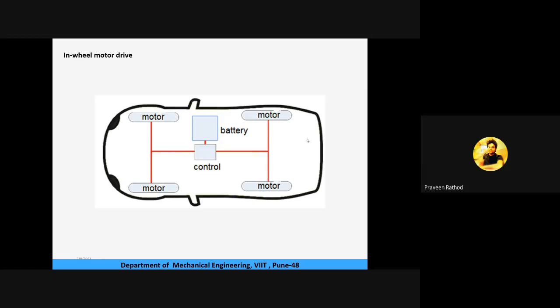Okay, it is easier to implement. Because we are using it on an individual wheel, it is easier to implement as compared to when we are incorporating the gearbox and differential into a single component, putting both in one.